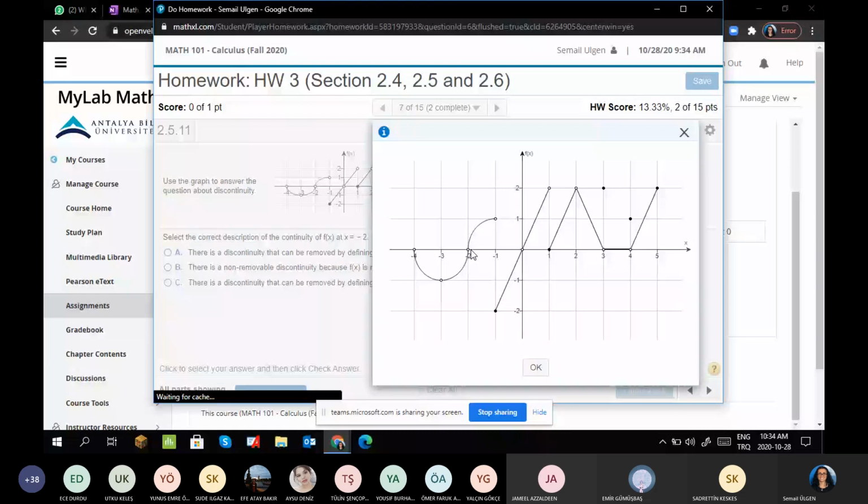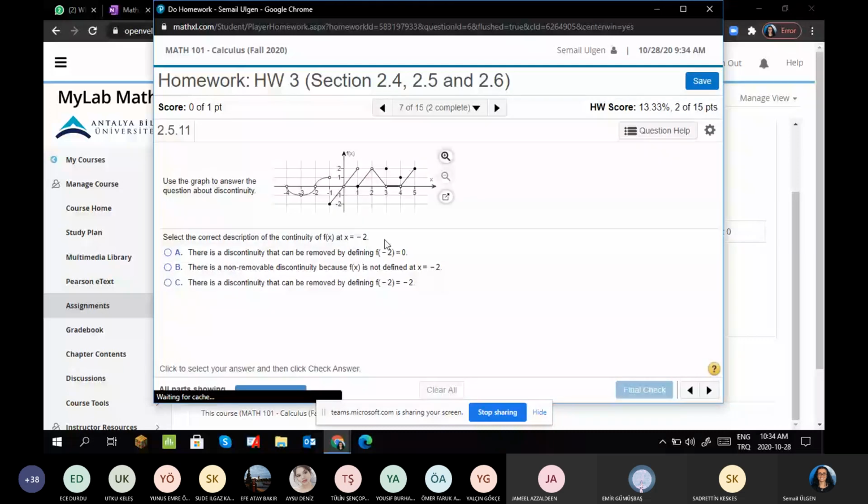So that's failing. Let's select the correct description: there is a discontinuity that can be removed by defining f of -2 as 0. Do you agree with that? Is this correct?